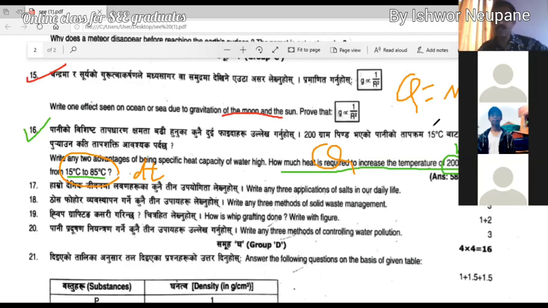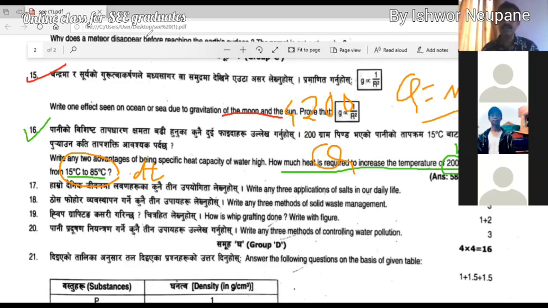The value of s is not given, so it is 4200 joule per kg per degree centigrade. Please substitute the values and you will get the answer.